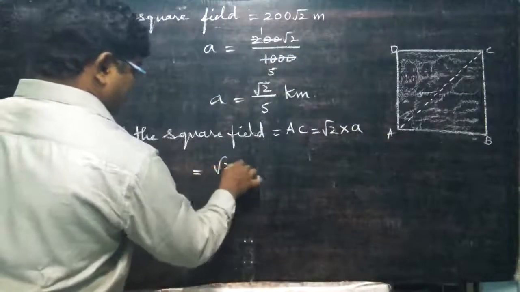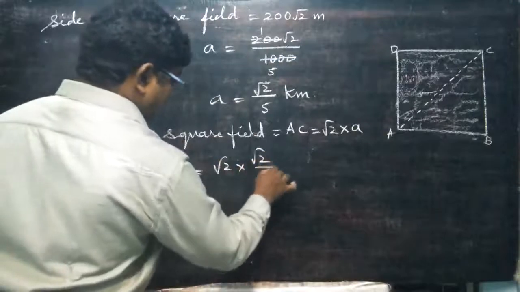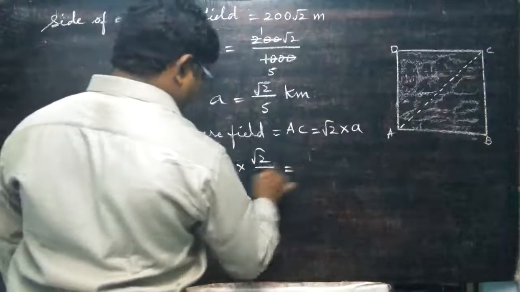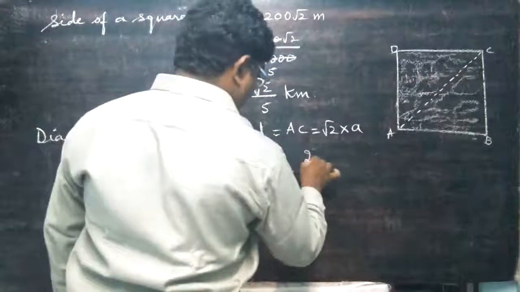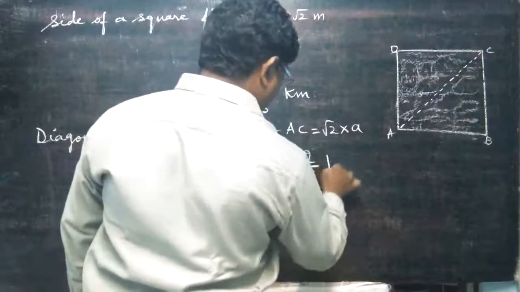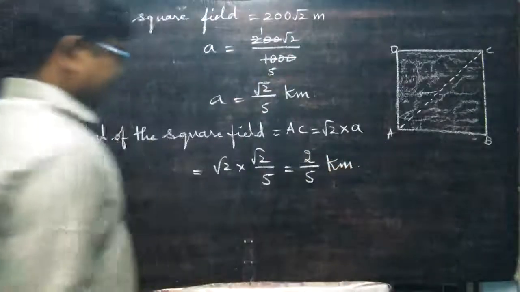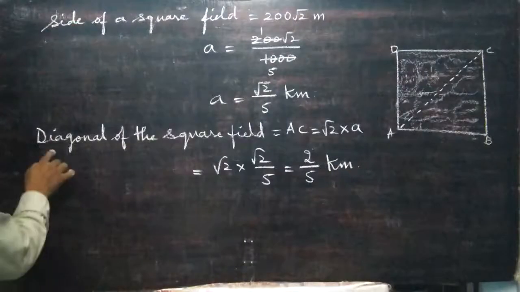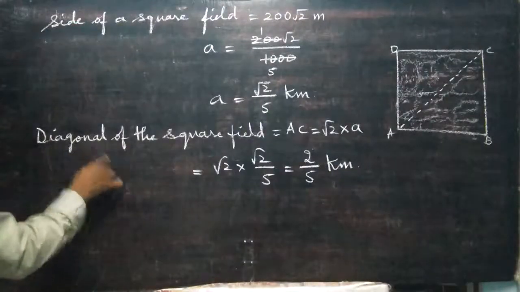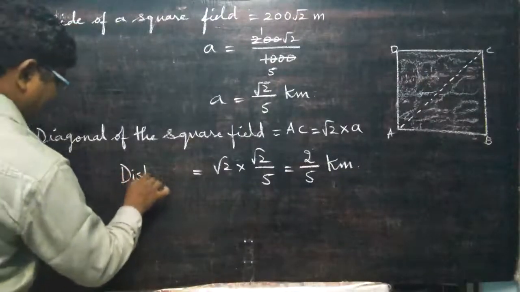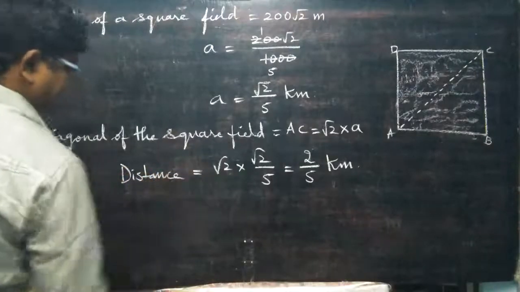So root 2 into root 2 by 5, that is equal to root 2 into root 2, 2 by 5 kilometers. This is the diagonal, which indirectly means distance. Distance also you can write, no problem.